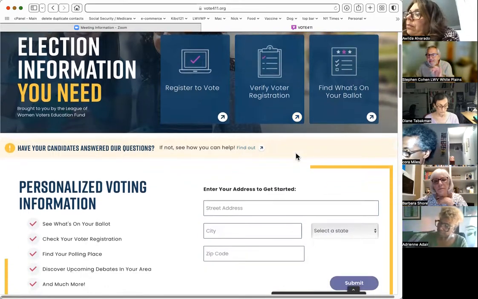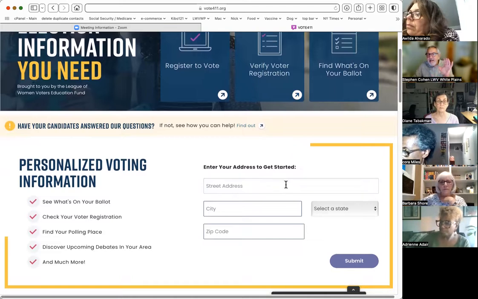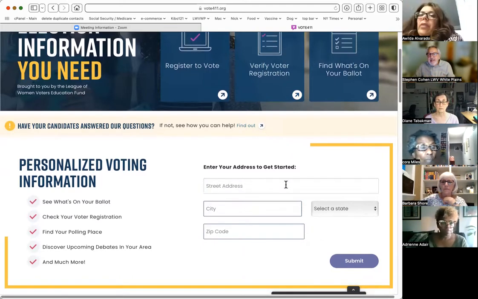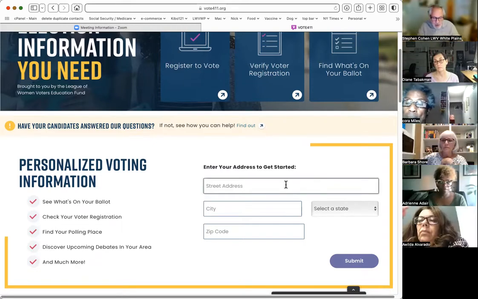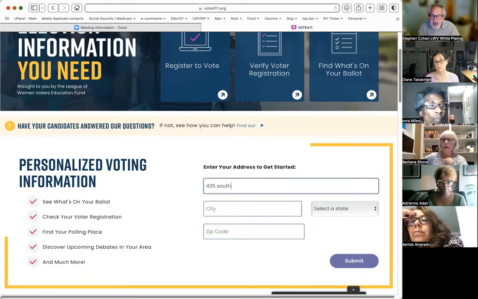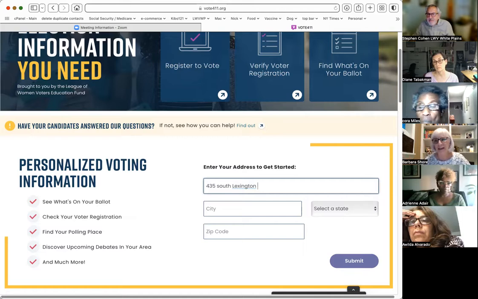What's useful about this, and we had this happen to us at some of the high schools where we were recently, is that students come up to us and say, gee, I think when I filled out the DMV form and they verified that it was accepted, I'm not sure.